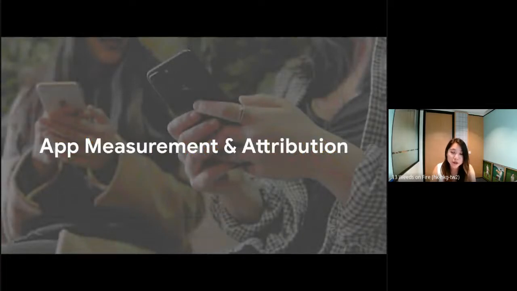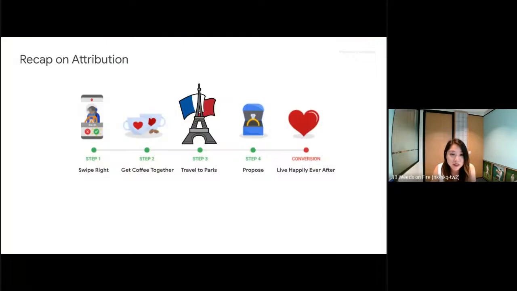So without further ado, let's start with app measurement and attribution. For those who are not sure about attribution, let me share not a personal case, but something that might be relevant to some of you. You've probably heard of the app Tinder.